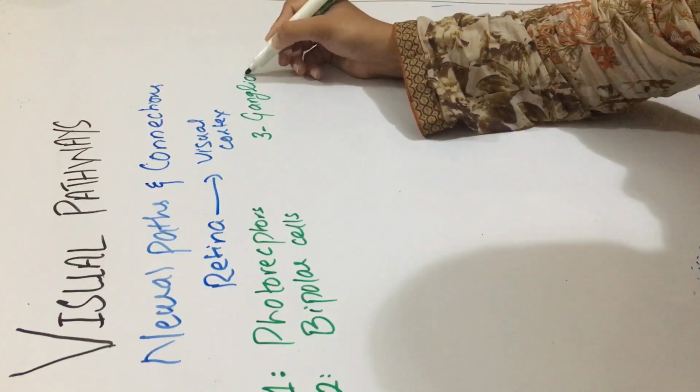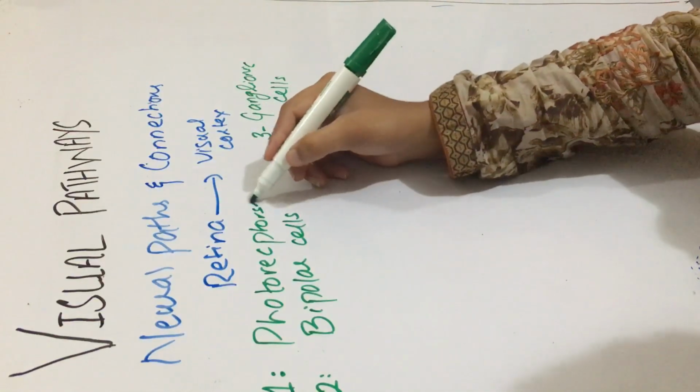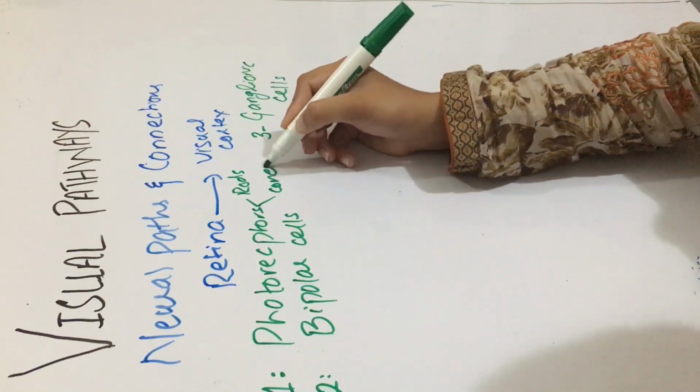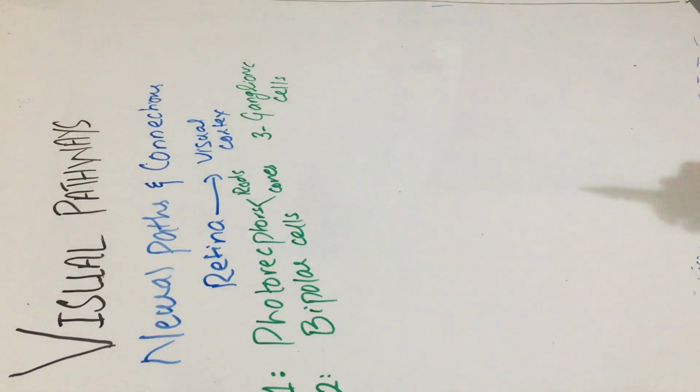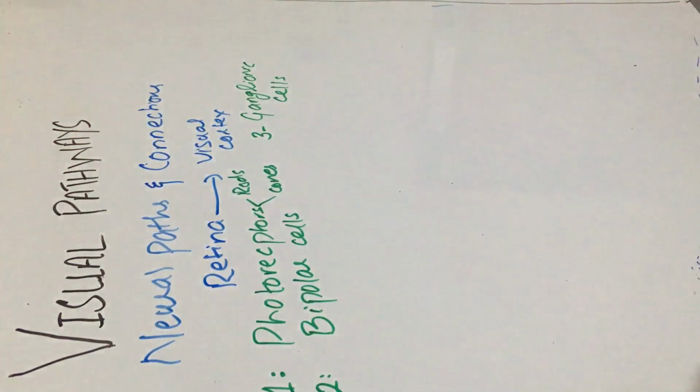So what are these three main types of cells in the visual pathway? Photoreceptors, bipolar cells and ganglionic cells.